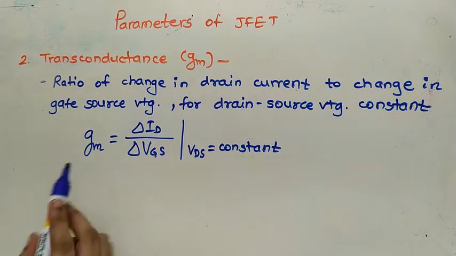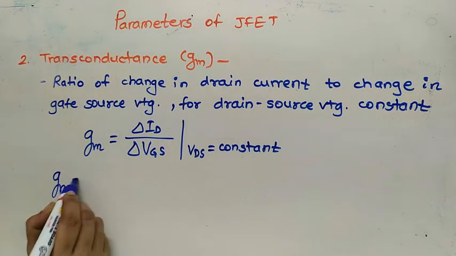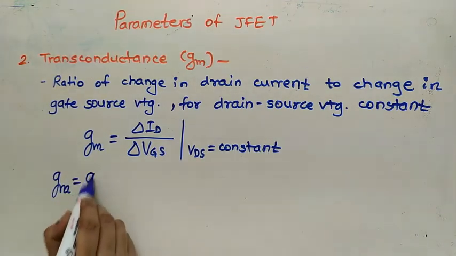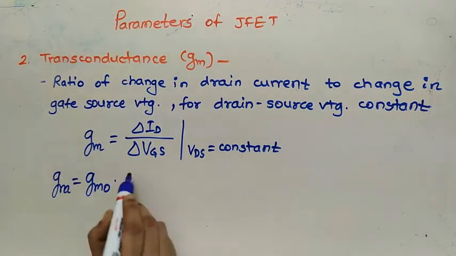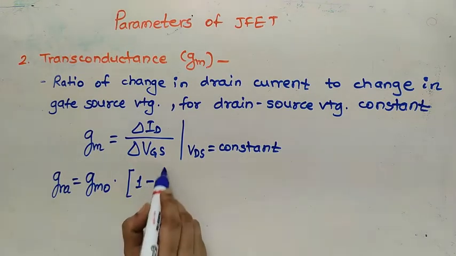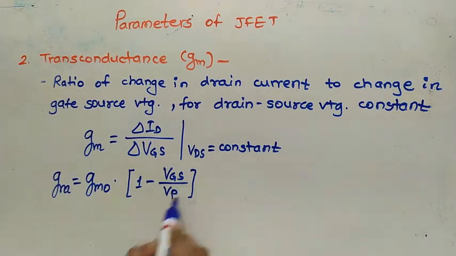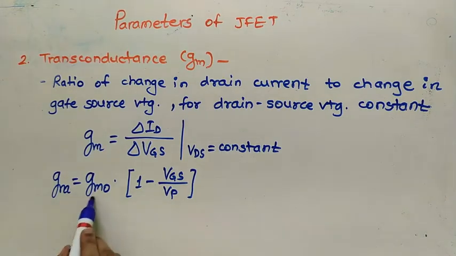Here the transconductance can also be given by the formula g_m is equal to g_m0 into 1 minus V_GS upon V_P, where g_m0 is the transconductance at zero gate source voltage.